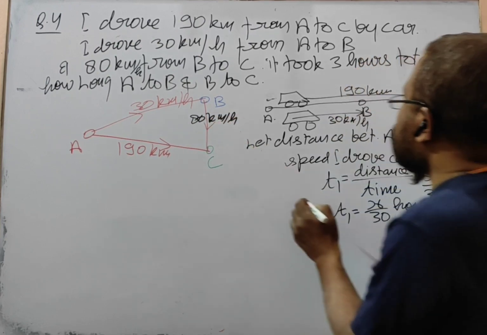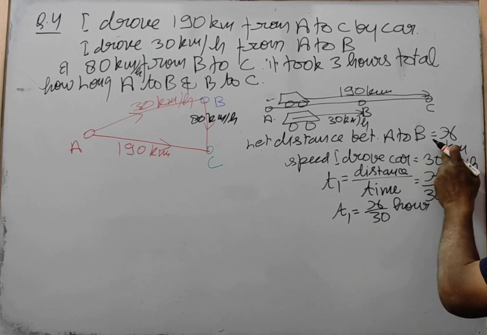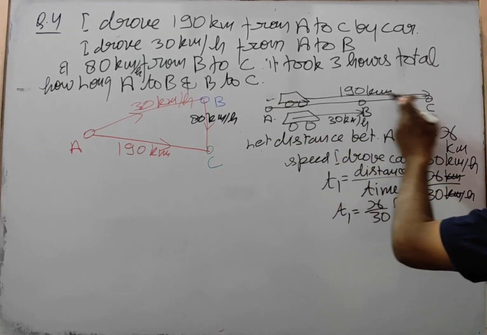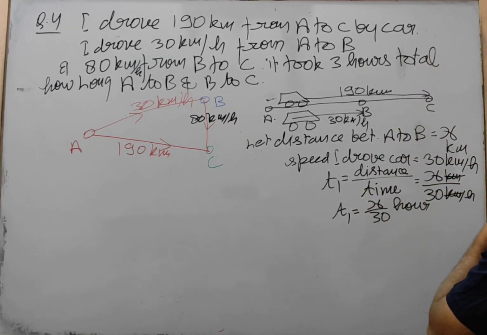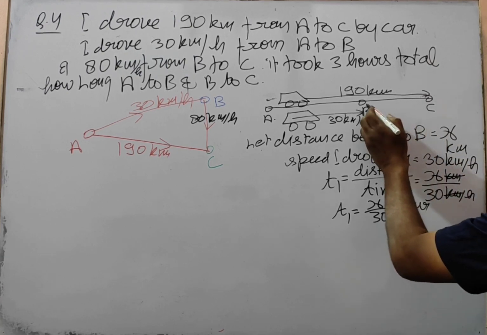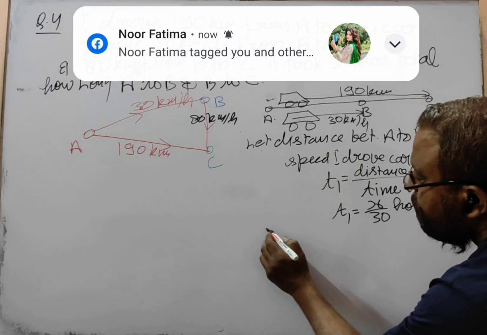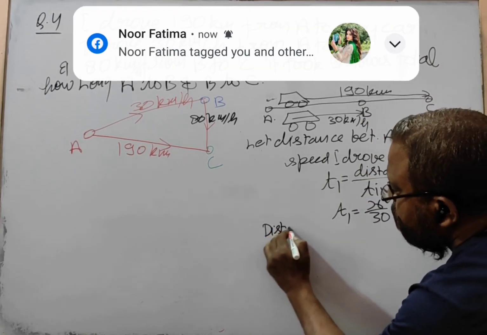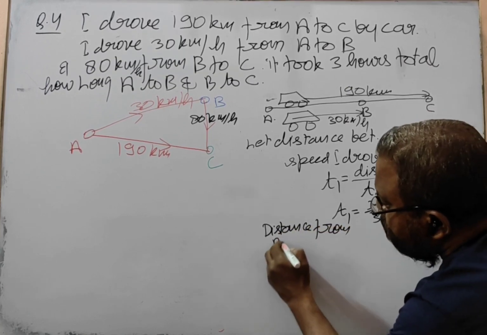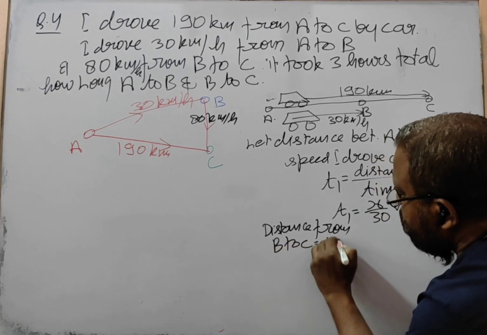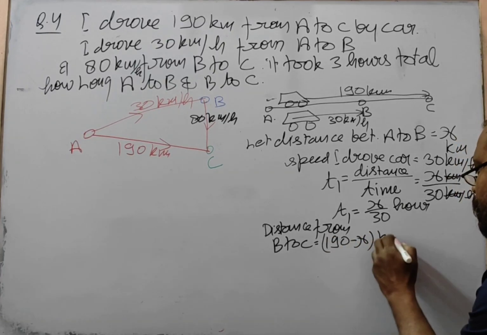Fine. So now, as I said, let the distance between A to B be x, right? And this is the total distance. So the remaining distance, the distance from B to C, is equal to 190 minus x kilometers, right?